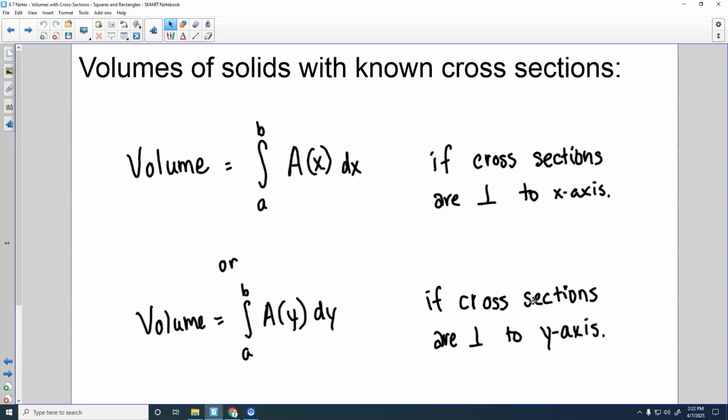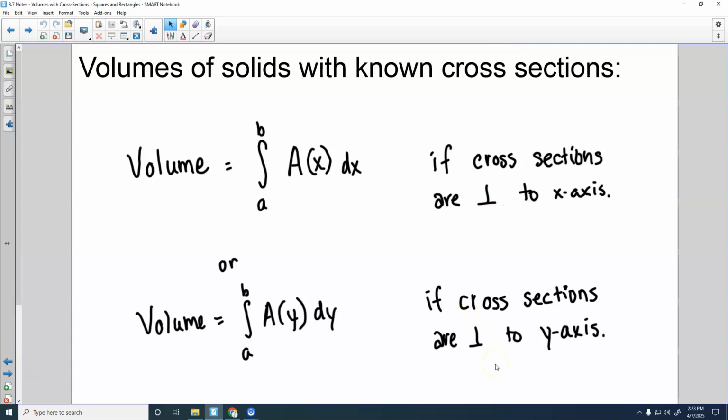So today we're looking at squares and rectangles. So we will be integrating the formula for the area of a square or the area of a rectangle. These can be done perpendicular to the x-axis or perpendicular to the y-axis.